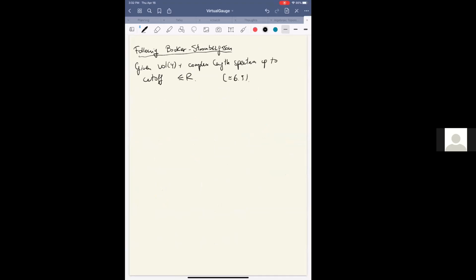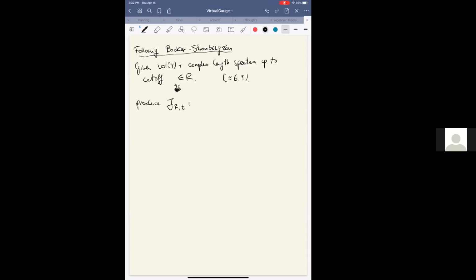Okay. So from here, you can run some procedure to find good test functions. And using this, you can produce some function J_{R,T}.